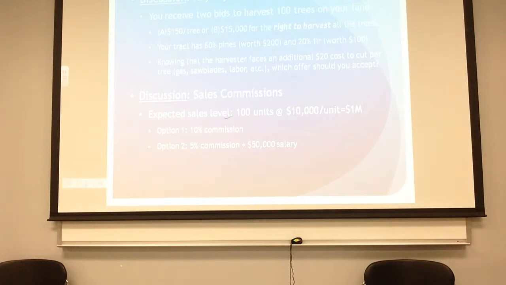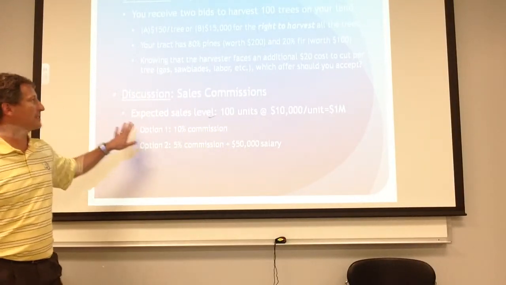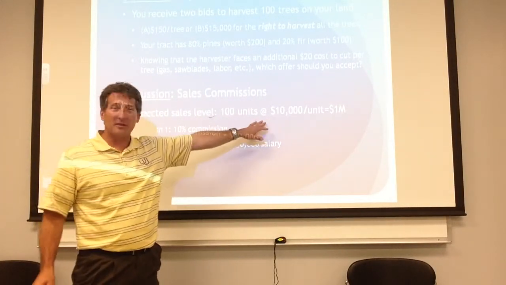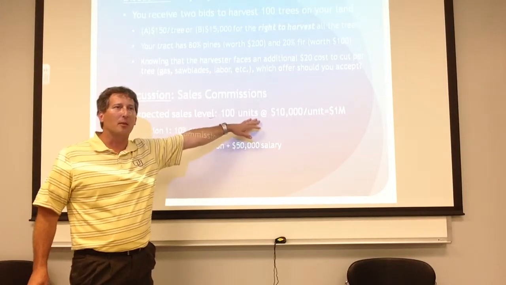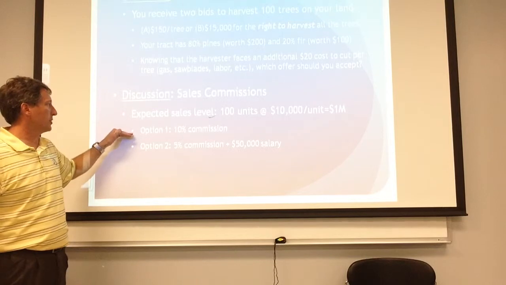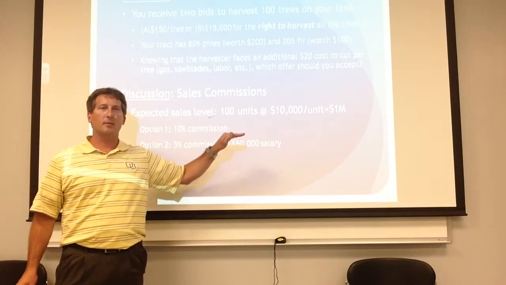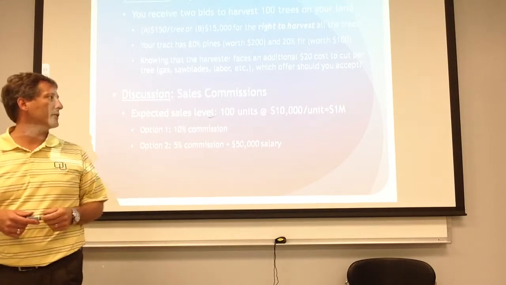So sales commissions, 100 units at $10,000 a unit. Maybe we're selling tuition here in Ottawa or something, I don't know. Maybe we're talking used cars, right? Option 1, 10% commission. Option 2, a 5% commission with a $50,000 salary.